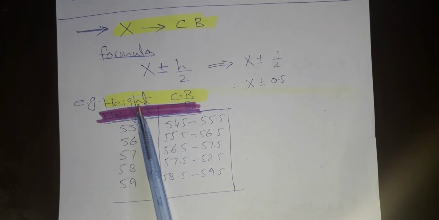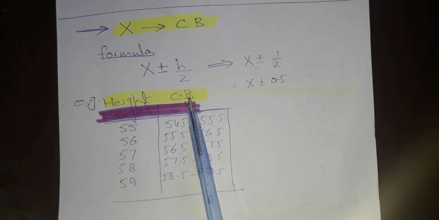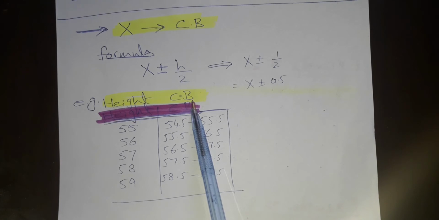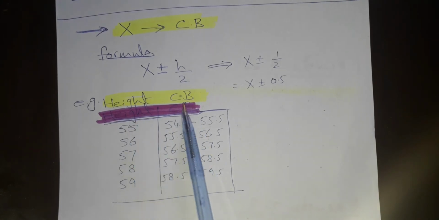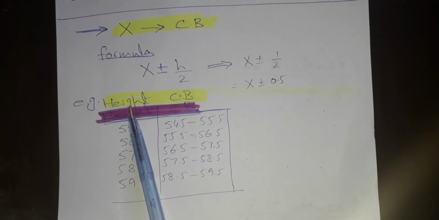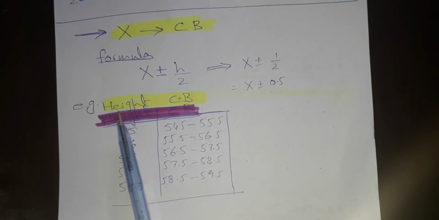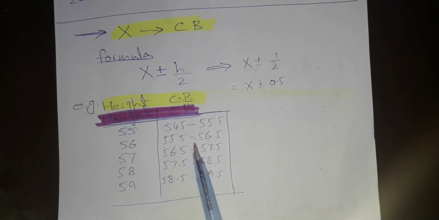For a discrete variable like the number of chairs or number of persons in a room, we can't make class boundary. So first of all, you should look at whether the variable is continuous or discrete. If it is continuous, then we can proceed with class boundary.